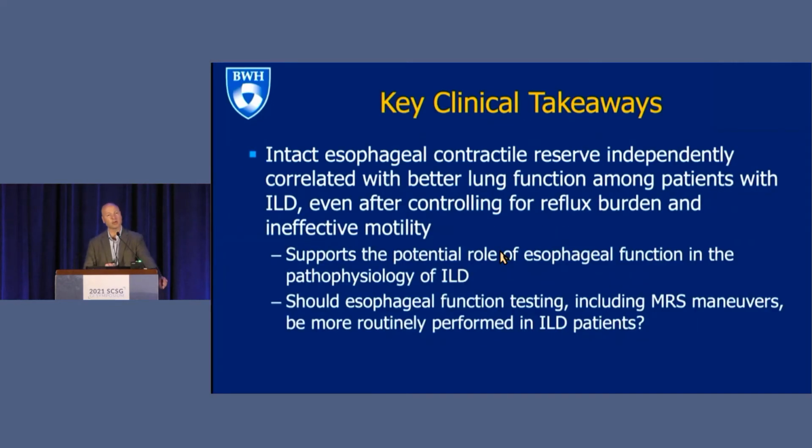So in the end, their key clinical takeaways were that intact contractile reserve independently correlated with this, and we need to kind of consider this when we're thinking about these patients. So we're probably going to see in clinical practice a lot more consultation from our pulmonologists and our lung transplant community for these particular tests.